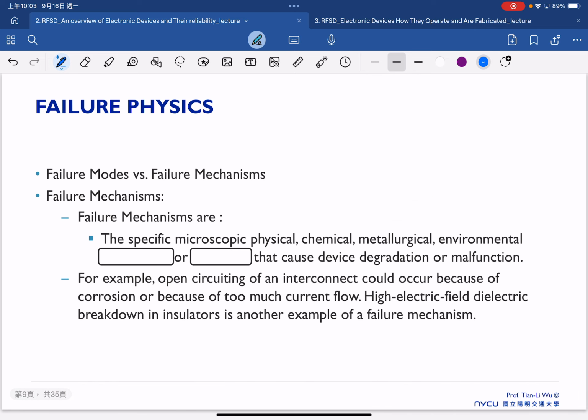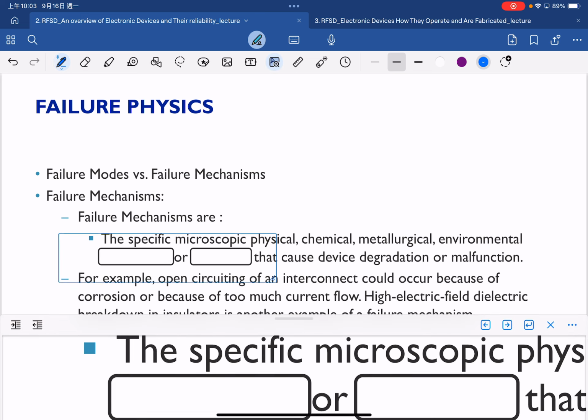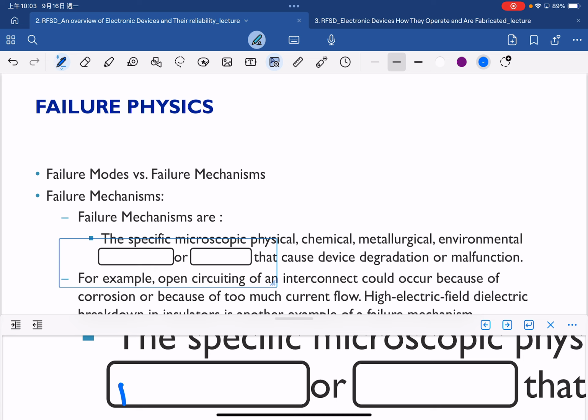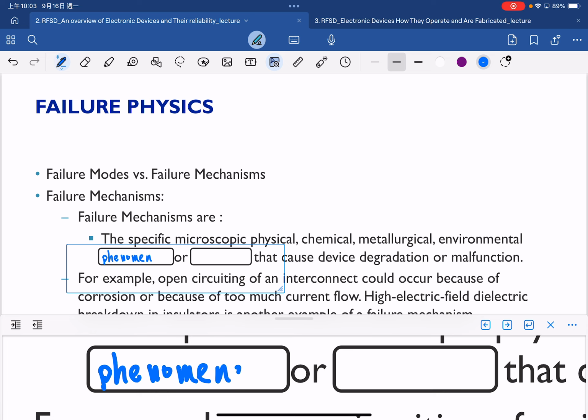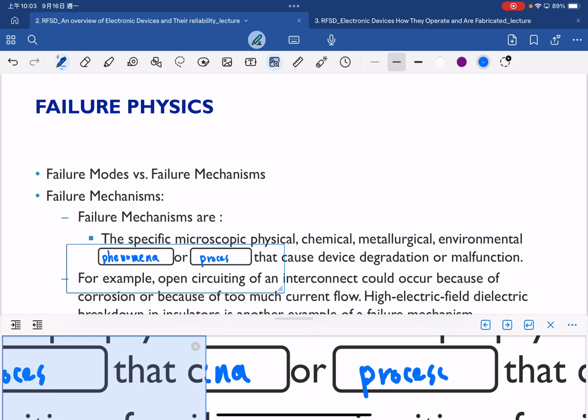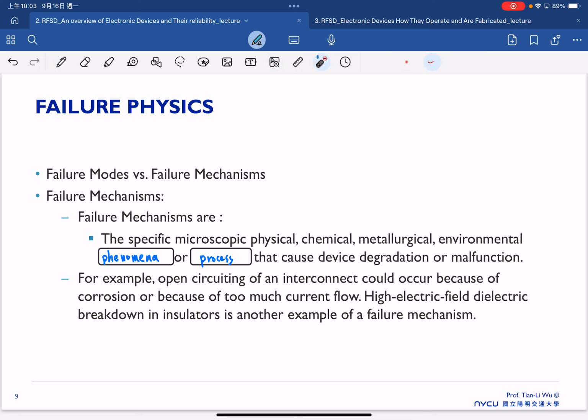Okay, so basically, failure mechanisms are the specific microscopic, physical, chemical, mathematical, or environmental phenomena or processes that can cause device degradation or malfunctions here.